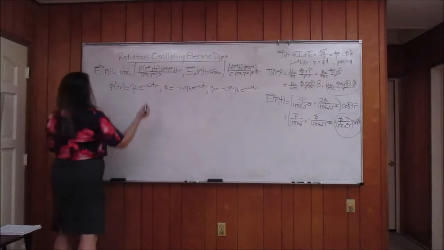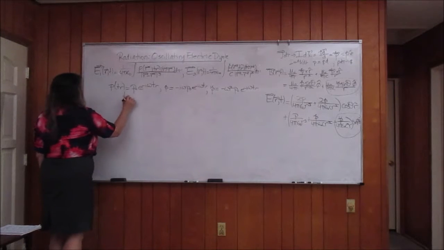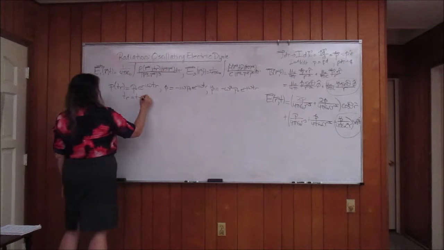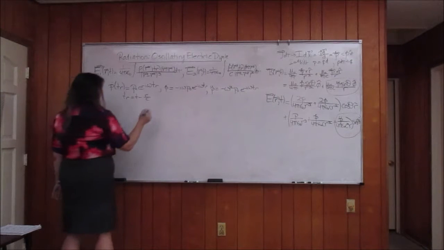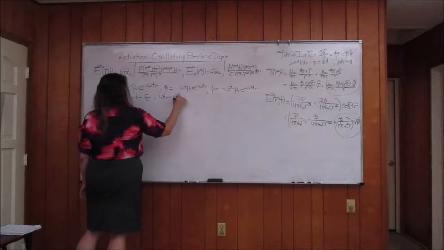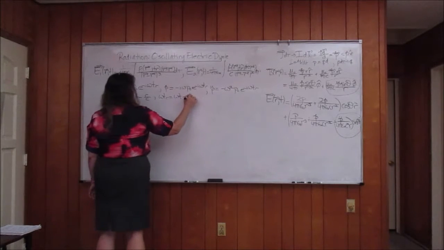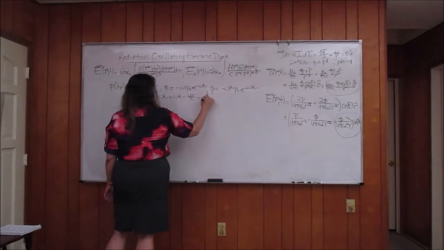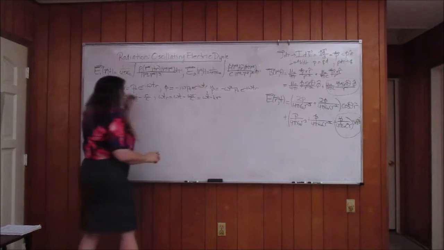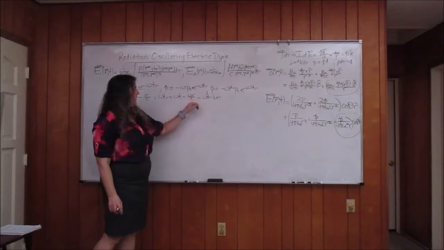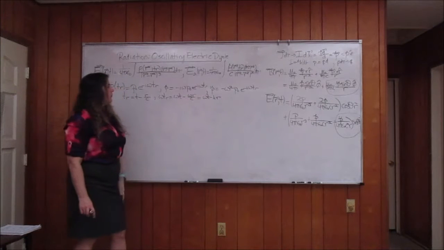And by the way, since t sub r is equal to t minus r over c, we get omega t minus k r, where k, the wave number, is equal to omega over c.